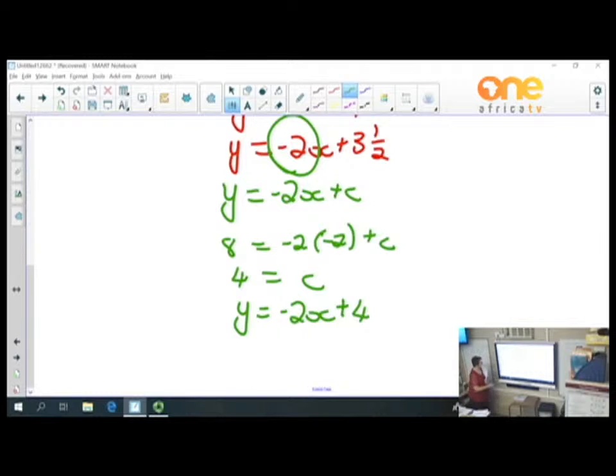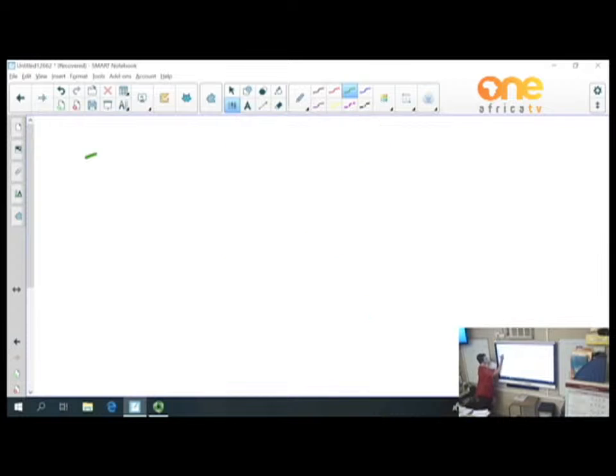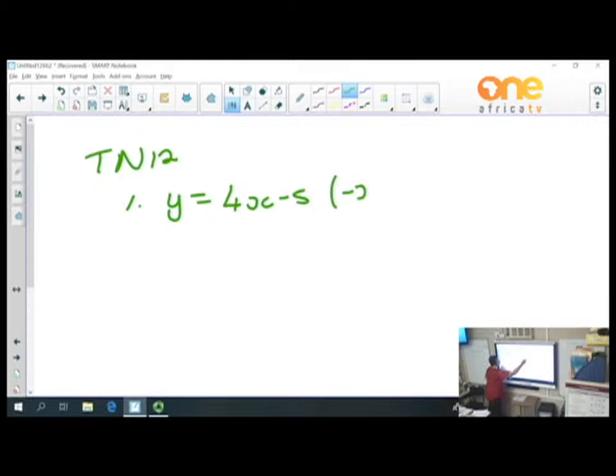Okay, so now we look at try now 12. Try now 12. The first one. Find the equation of the straight line perpendicular to y is equal to 4x minus 5, passing through the point negative 2, 4. Okay, so now it becomes a little bit more tricky because now we need the perpendicular one.